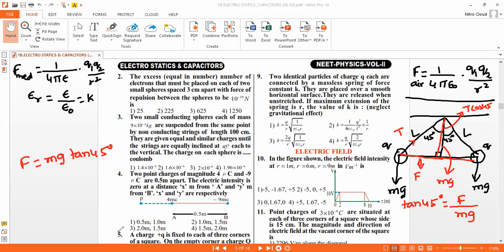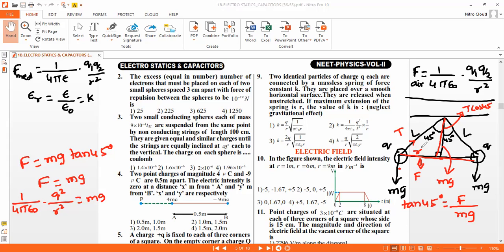Since tan 45 is equal to 1, F is equal to mg. That is 1 by 4 pi epsilon naught, and both have the same charges, so I will write q square by the separation distance r square is equal to mg. Now this is my separation distance.